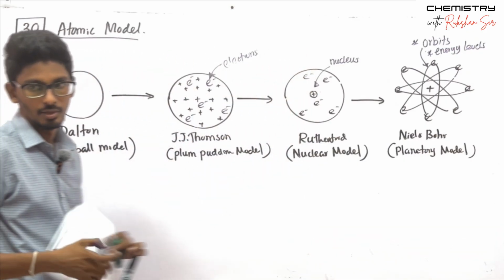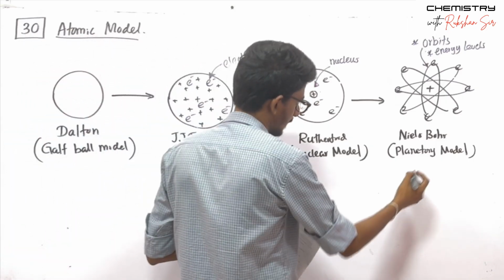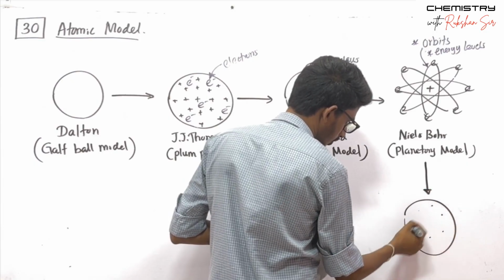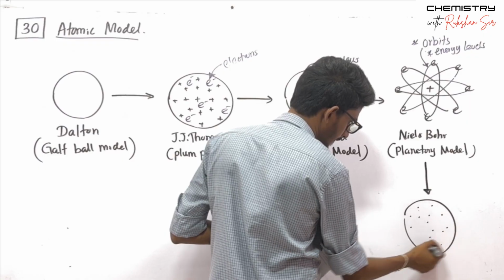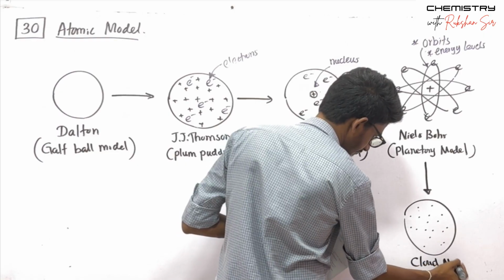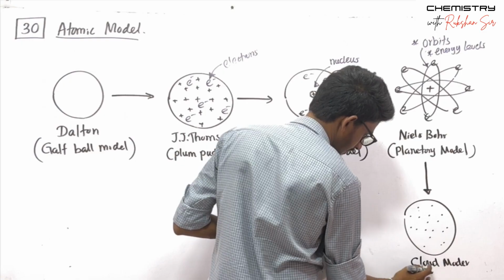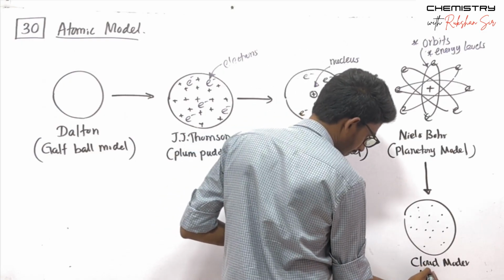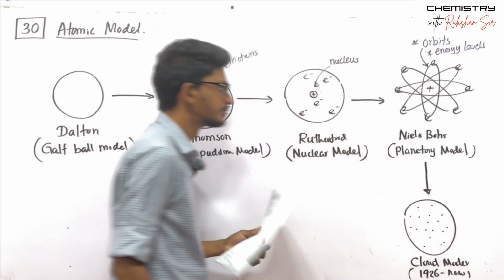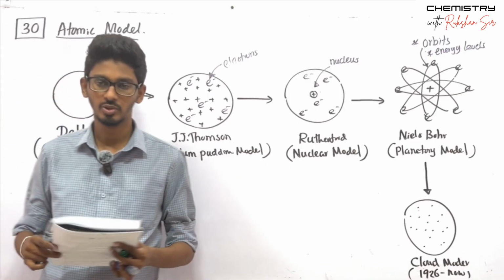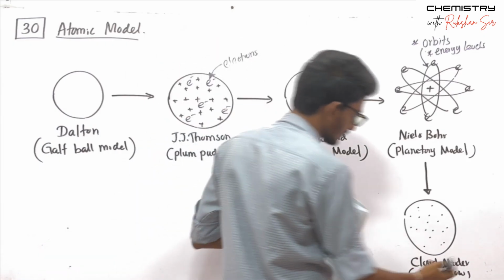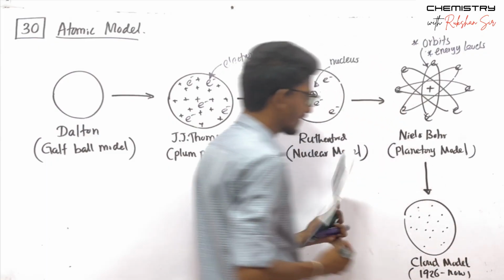Nowadays we come up with the cloud model, the quantum mechanical model, the cloud model, right? The model from 1926 to now. Schrödinger's model, the cloud model, right now. That is how the atomic models evolved.